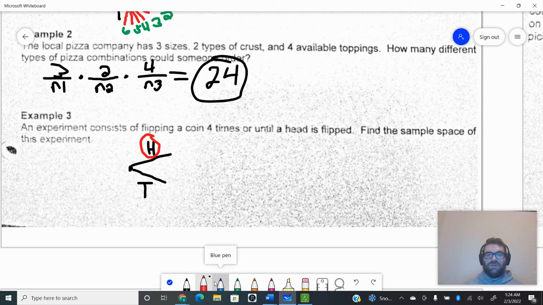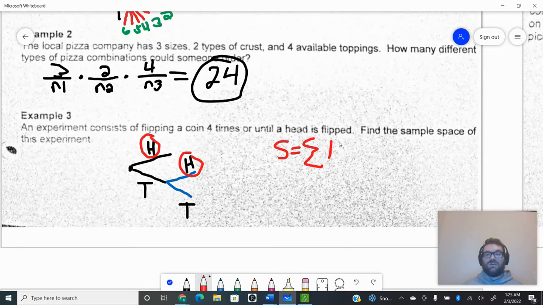But what happens if we flip a tails? We'd go on. From that tails, we could flip a heads, right? Up here, heads, or we could flip another tails. If we flip that heads that time, we're done, but we flipped a tails first. So I should have had our sample space going already. We could have had our heads and just have stopped.